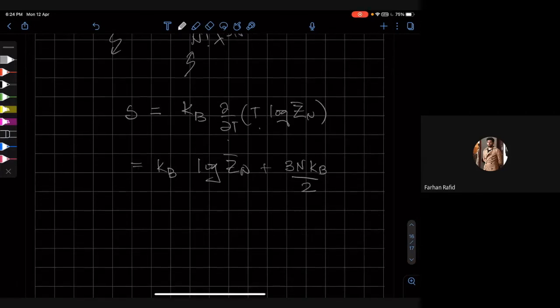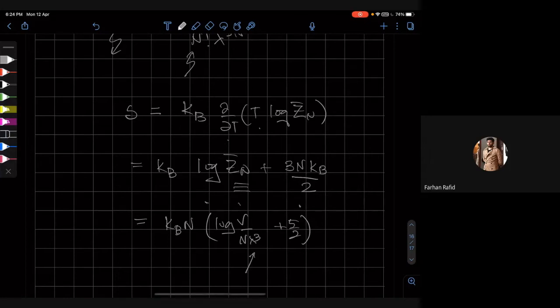Then we use the Stirling formula and expand, and you get two terms; one of them adds up with this term and gives Kb N times 5/2. The other term gives log of V over N lambda cubed. And here we see it has a lambda dependence.